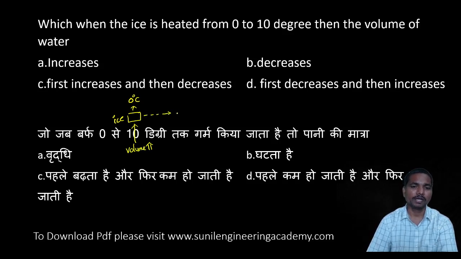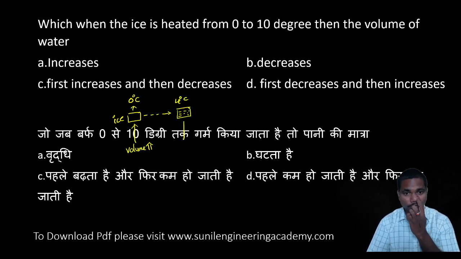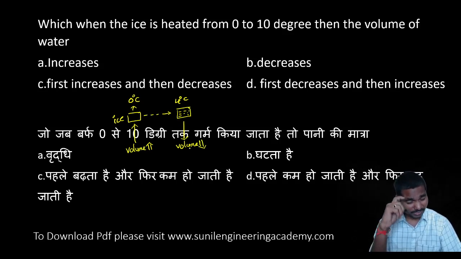If you heat it, the ice becomes water, which occupies somewhat less volume. You can observe this: if you take some ice and place it at room temperature, after some time it will melt and occupy somewhat less space.